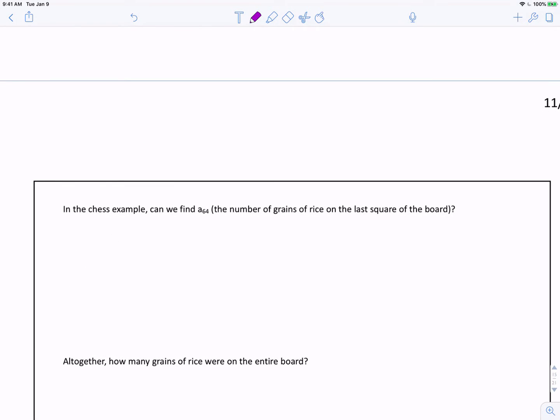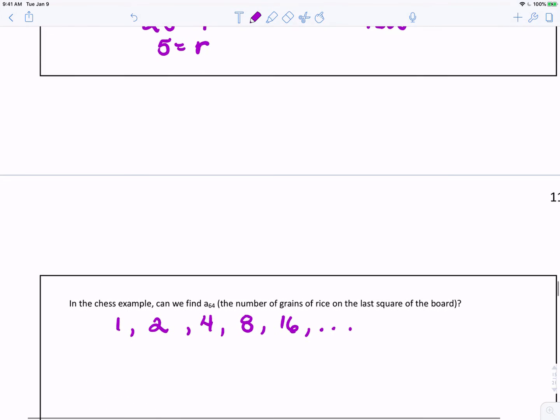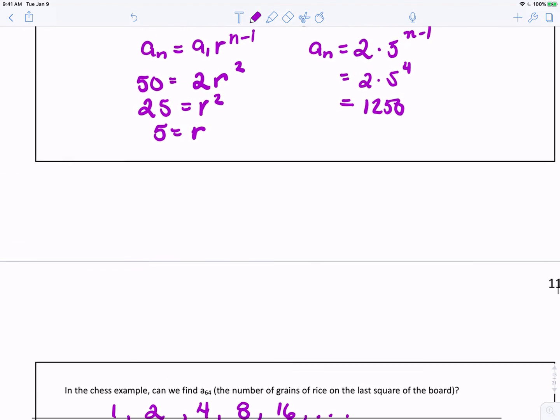So let's take a look at the chess example. Can we find a sub 64, which is the number of grains of rice on the last square of the chessboard? Well, remember, this sequence looked like this. We started with one grain on the first square. Then we doubled it each time, etc. So let's take a look at the explicit definition.